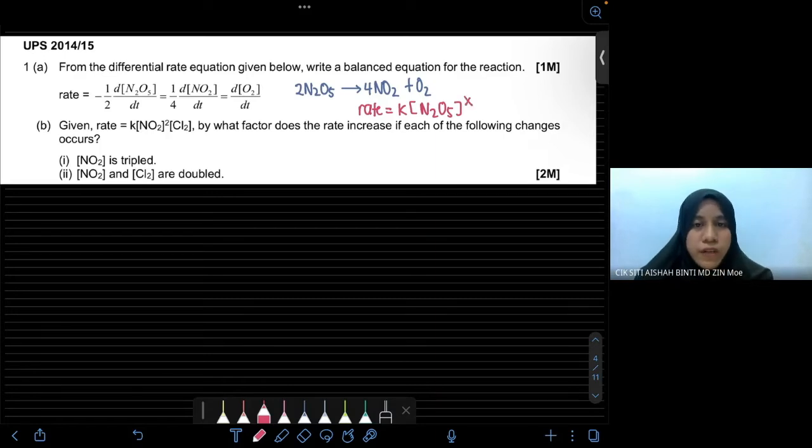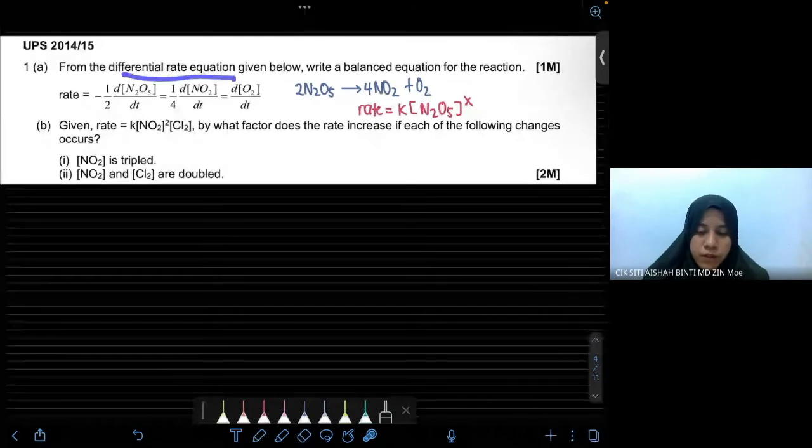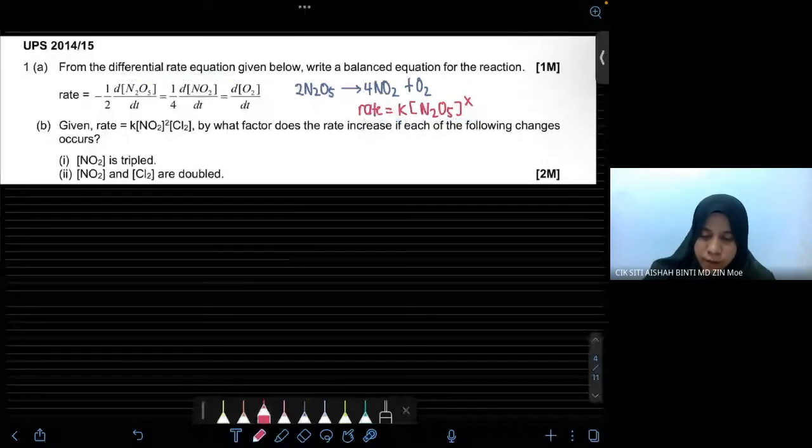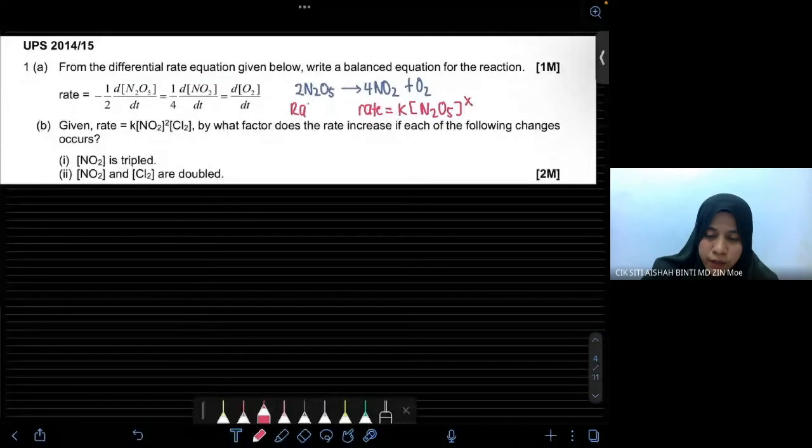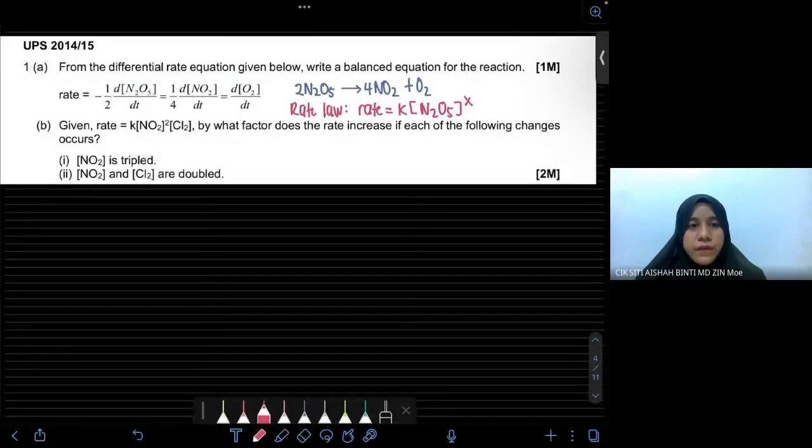Power tu is order of the reaction lah, which cannot be determined from the equation itself. Ini kita kena cari lah. Okay. So that is for the question. So again, dia different tau. Differential rate equation dengan rate law is a different thing. Okay, ni label lah. Ni adalah our rate law. Okay, so that is for question 1A.